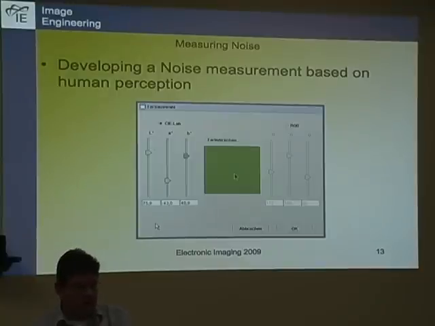But the good thing about this experiment was that we had a set of images with a JND. The people were asked to move that slider to a position where they just could see the noise in that image, so selecting basically the JND, the just noticeable difference.